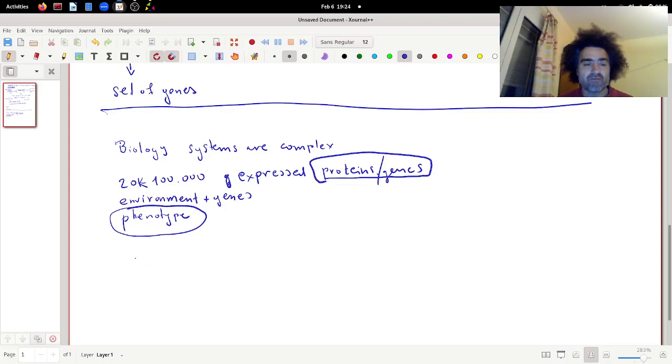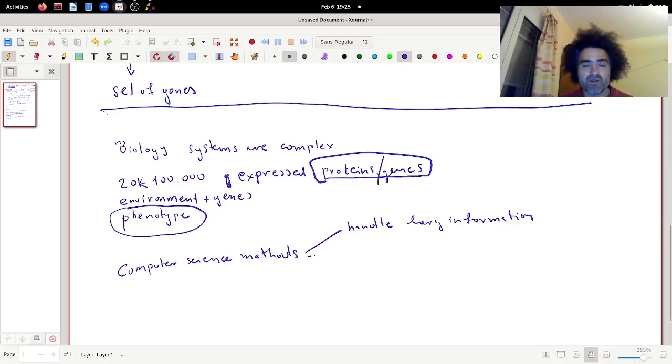So we have to apply computer science methods that will handle, on one side, this large amount of information, and on the other hand will provide the tools, software, to analyze thousands of genes in a few hours or in a limited time.